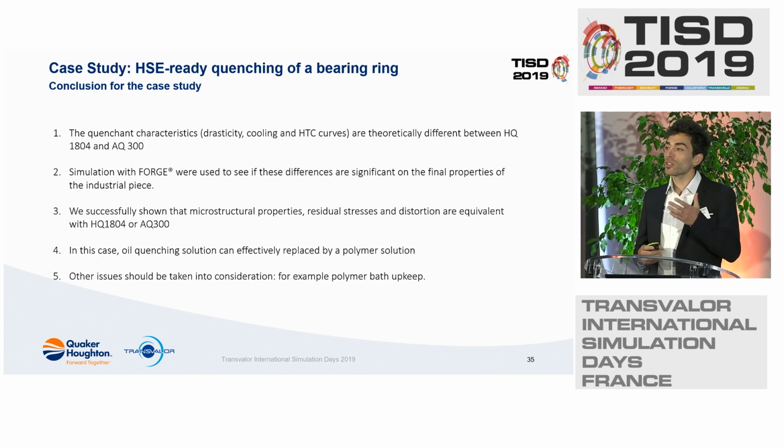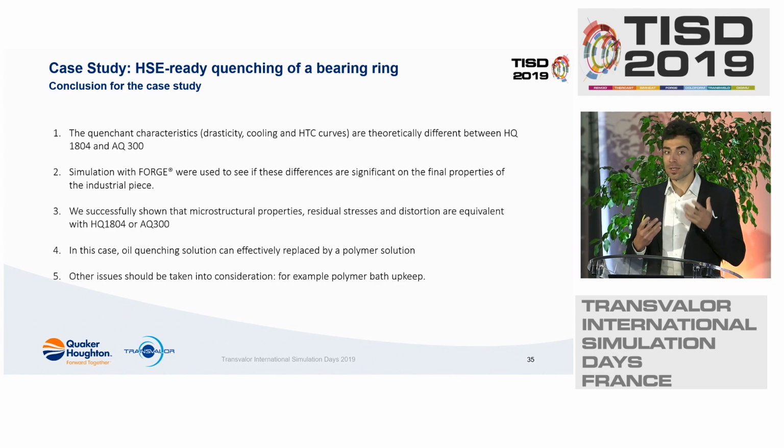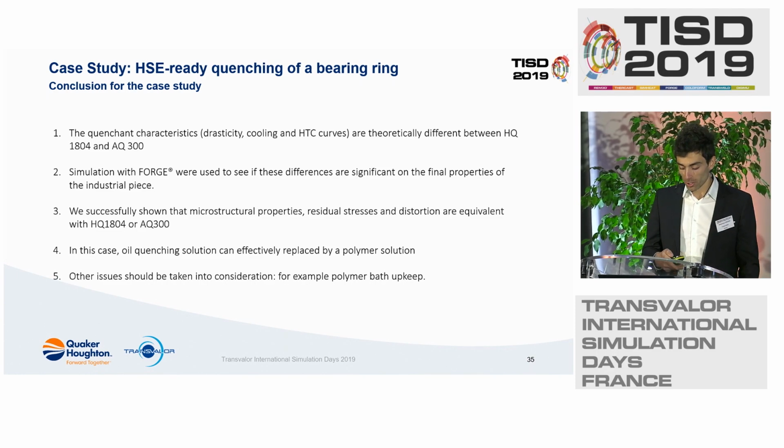What we could imagine to go further is to link these results to some fatigue failure analysis to determine even better quenching fluids and have an even more quantitative approach.